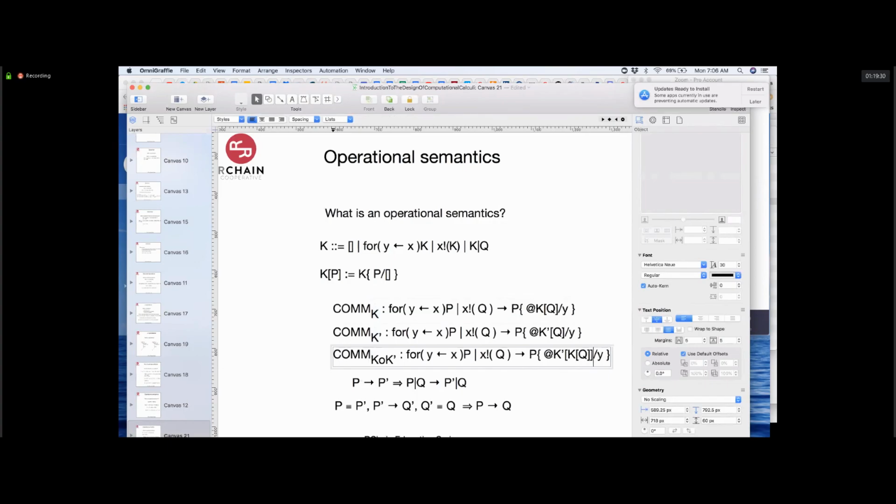And the reason this is important is because if you look at the literature for providing categorical models of process calculi, one of the clear things that's missing is talking about how you preserve the behavioral structure.